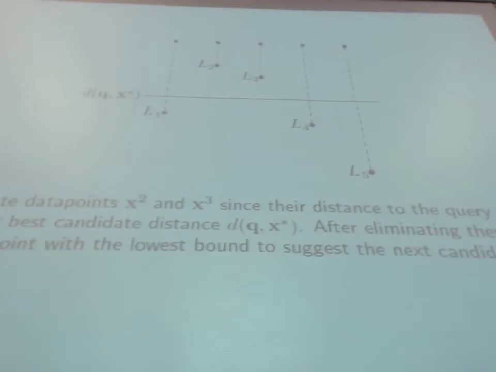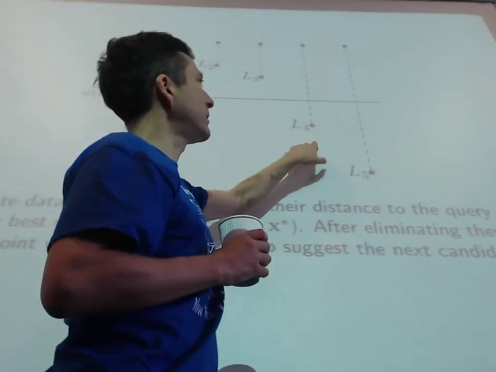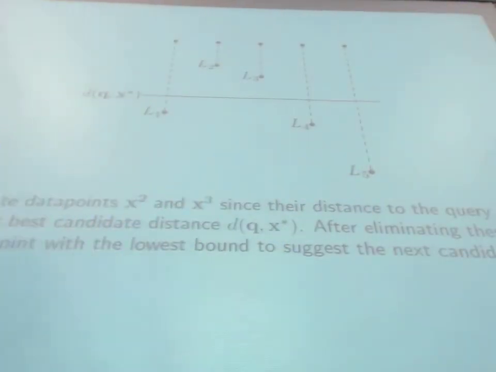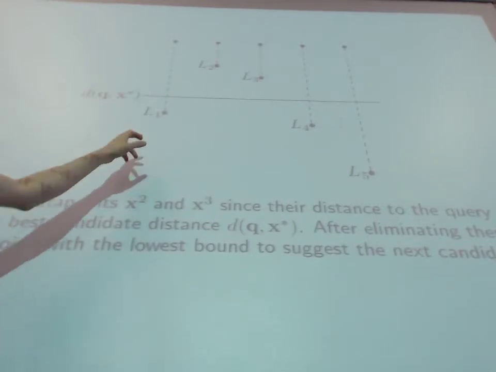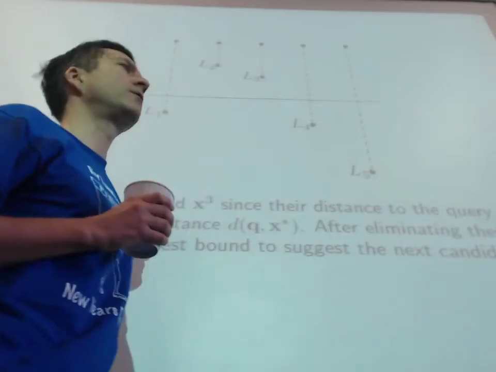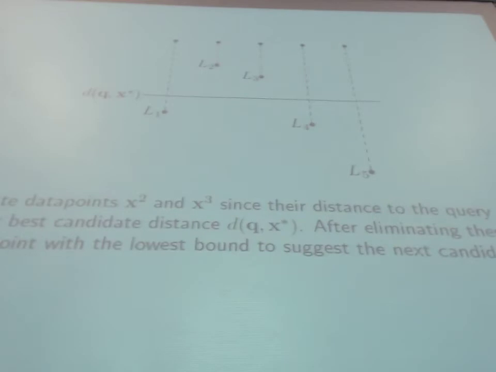Okay. So the idea about ESA then is that after eliminating them, you only need to concentrate on the remaining data points here. You don't know the distance actually from q to these data points. If you knew that, you'd be done. So what you do is you say, well, actually, I'll use these lower bound distances as kind of surrogates for the unknown true distance.